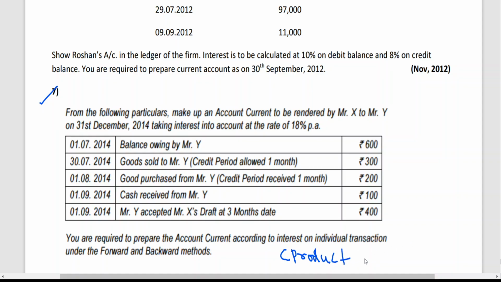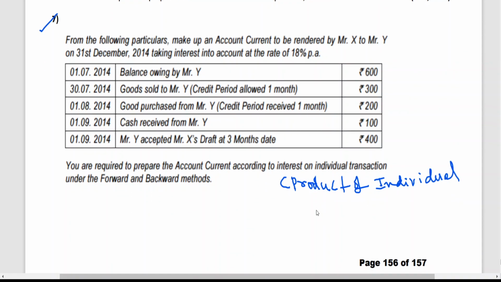Backward method and forward method are possible only under the product of individual transaction method. I told you the interest tables method is different. Whenever the question says forward and backward method, it is obviously referring to the product of individual transaction method.